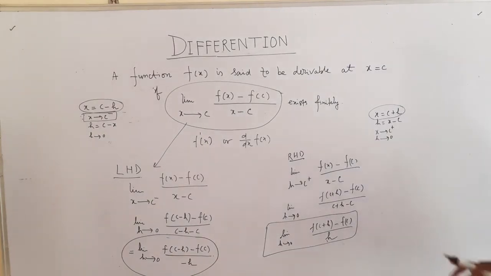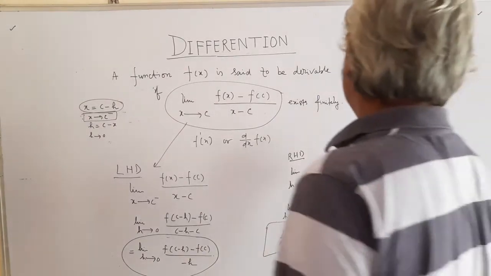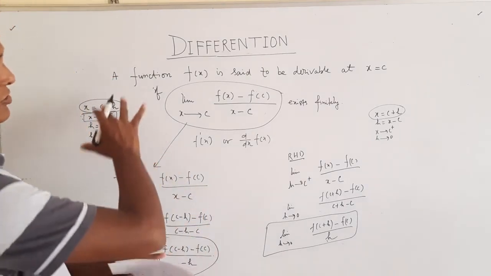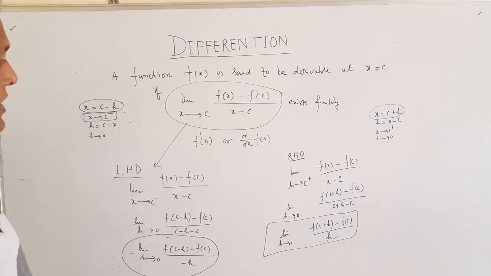Now if I change the definition, suppose I want my function to exist at x equal to c, and the function is defined for the whole real number.